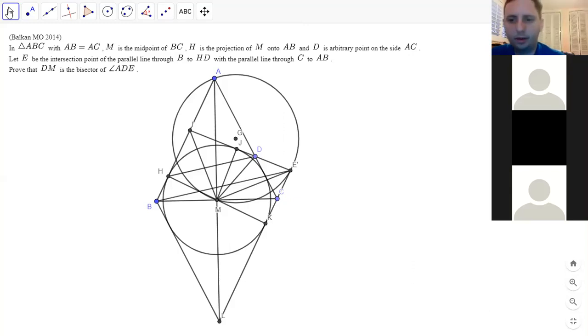Okay, I see what Hakan did. Let me think if I can simplify that. MB.